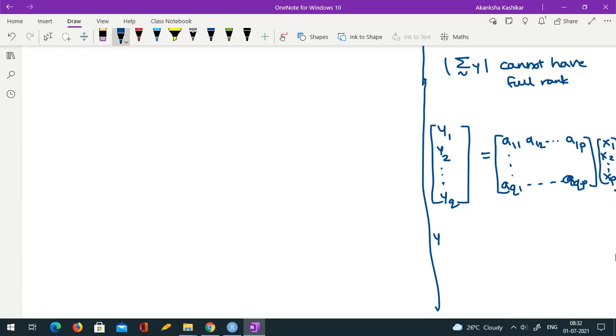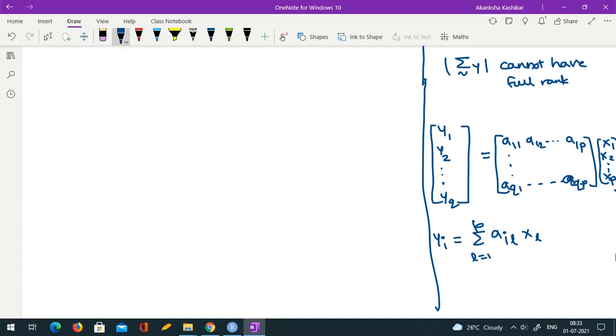So in general, if I take any yi, it would be the ith row of A times this vector. Correct? So it is the sum over l of a_il times xl, where l goes from 1 to p. Correct? So every yi is a linear combination of the xi's.